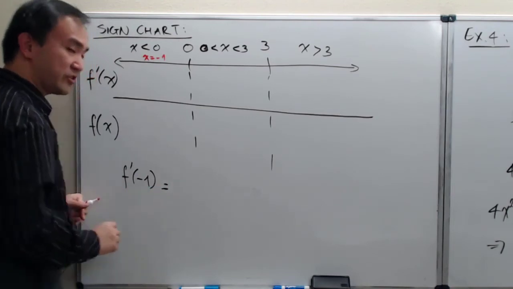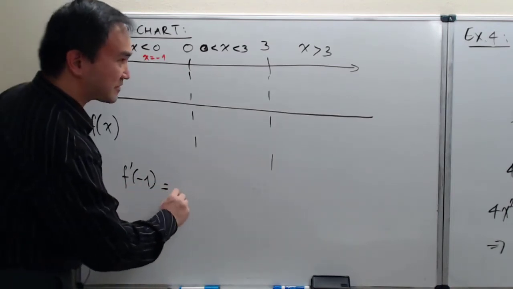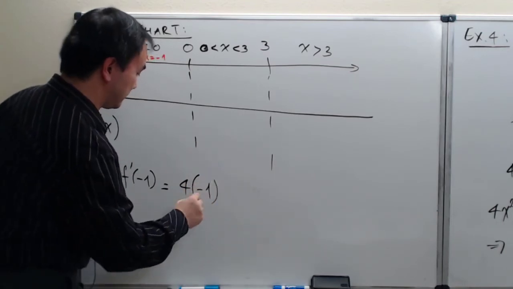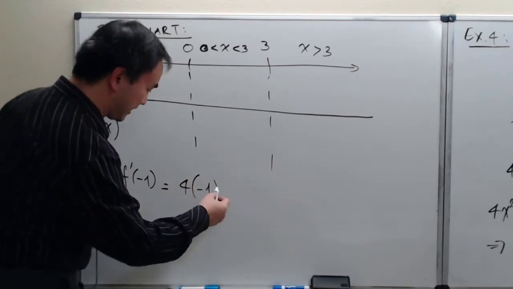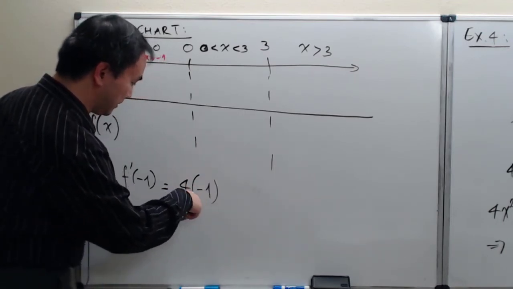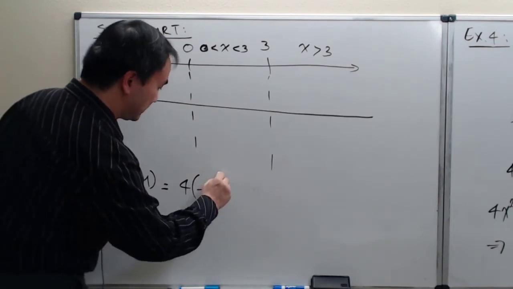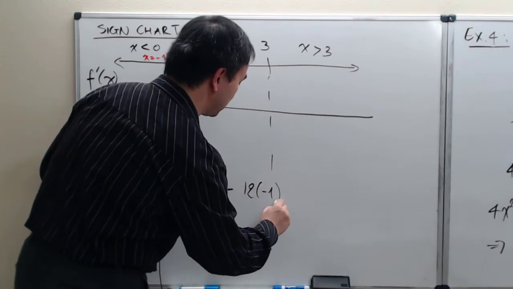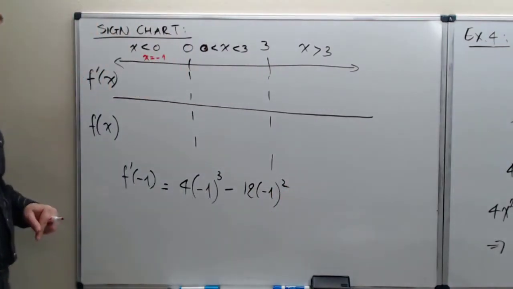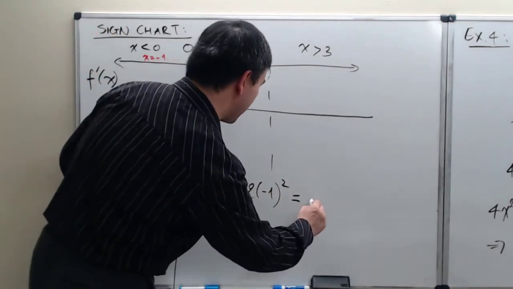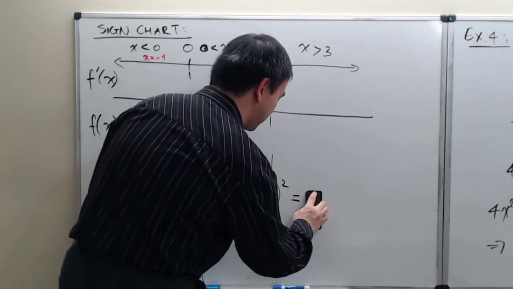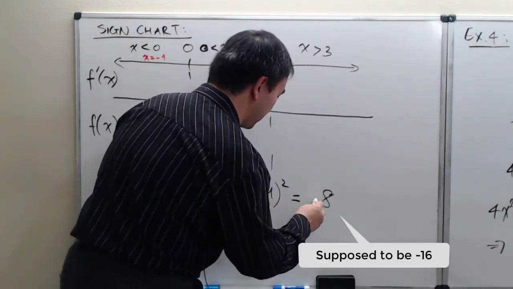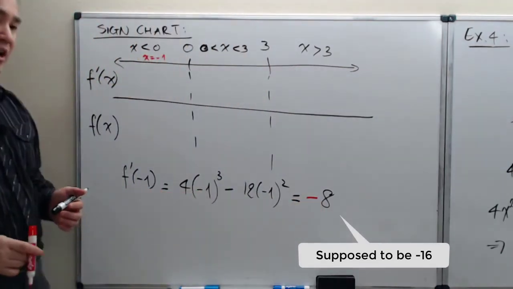Our f prime was 4x cubed minus 12x squared, so here it's 4 times -1 cubed minus 12 times -1 squared. That's going to be negative, it's -8, but I'm going to write the negative sign in red ink.